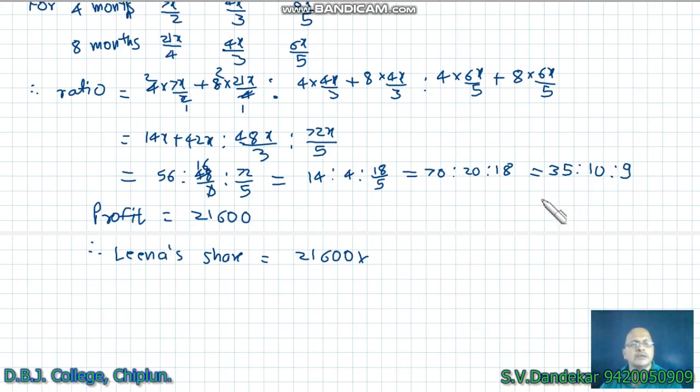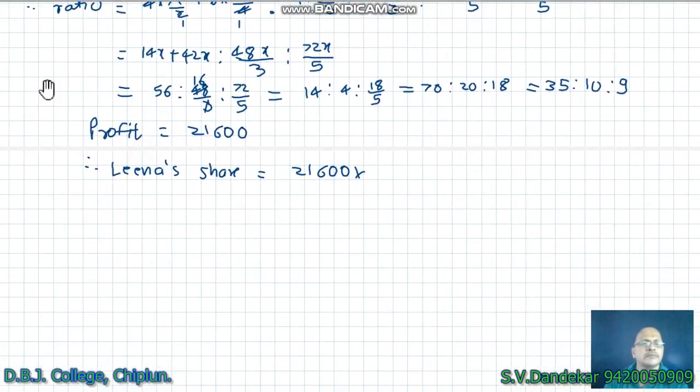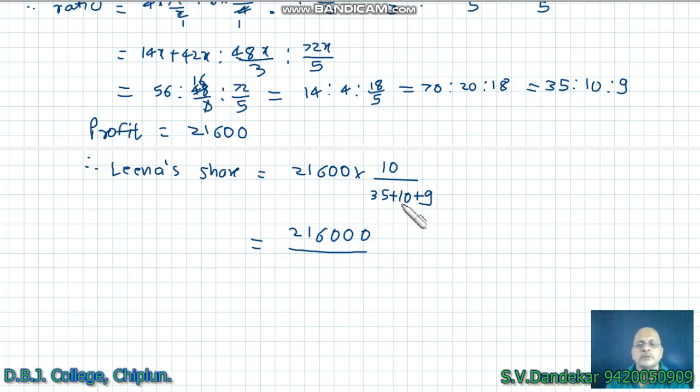So Lina is in between. Yes, 10 upon 35 plus 10 plus 9 equal to 216,000 upon 54.